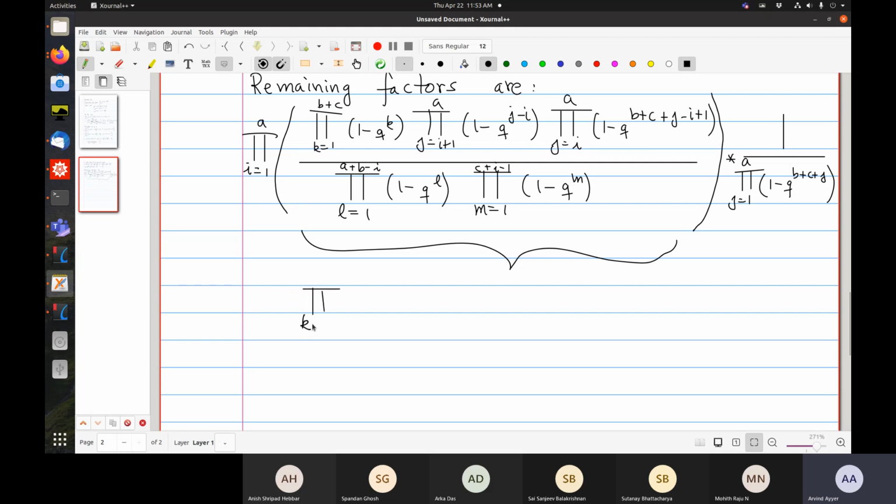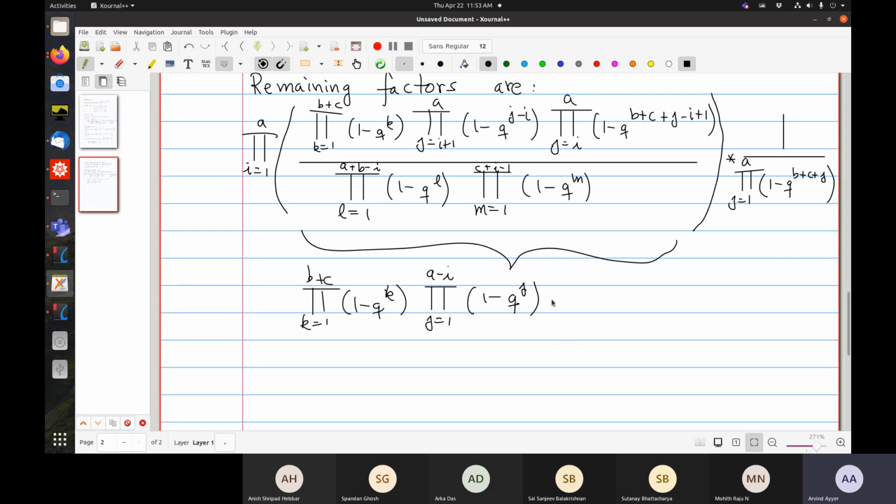So product k equals 1 to b plus c, 1 minus q bar k. And now I'll replace j by j minus I. Then I get j goes from 1 to a minus I, and here it's 1 minus q to the j.